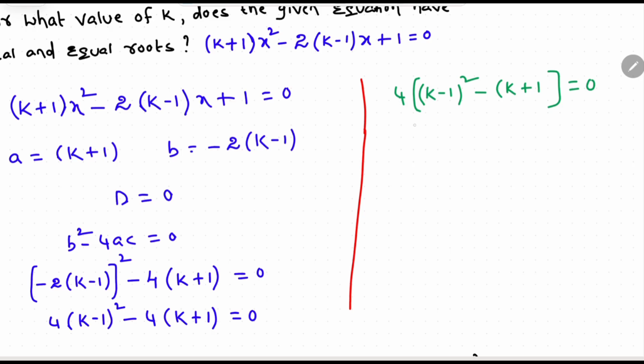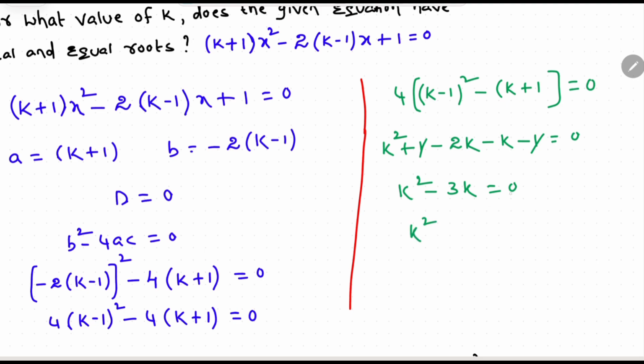Therefore, on transposing 4 here, 0 by 4 will become 0. So k minus 1 whole power 2: k square plus 1 minus 2k. So minus k minus 1 equals 0. So plus 1 minus 1 get cancelled. K square minus 3k equals 0.